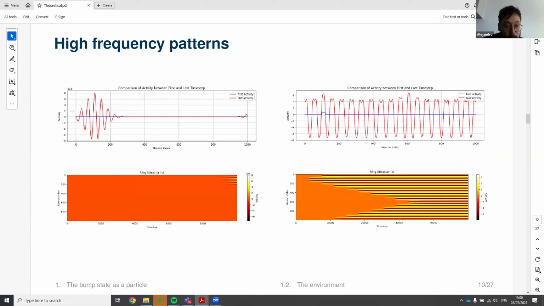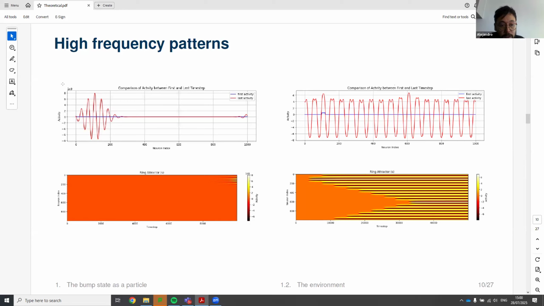So in this case, we have a localized activity again starting, but then because of this pattern formation scale, it splits into multiple bump-like wave packet spatial phenomena.